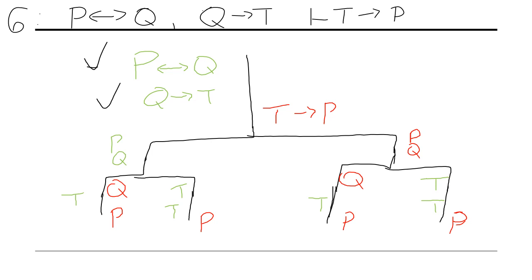So let's go through, see if we've got any contradictions. P and a P. So that one's going to cancel out. Now, let's see, we've got a P, T, Q, P. We do have P's on both sides, so that'll cancel out.